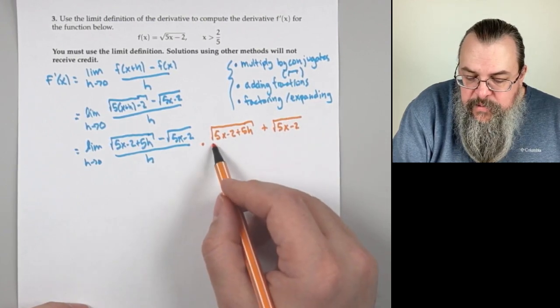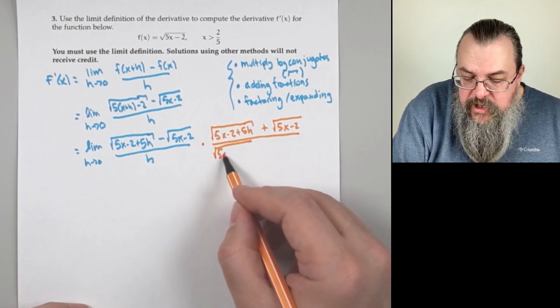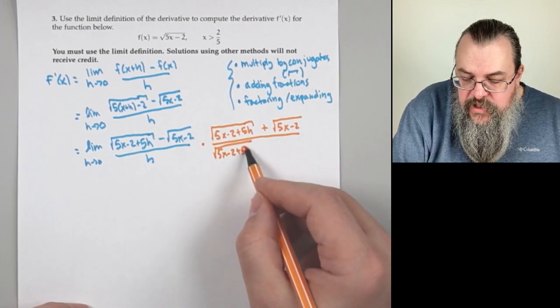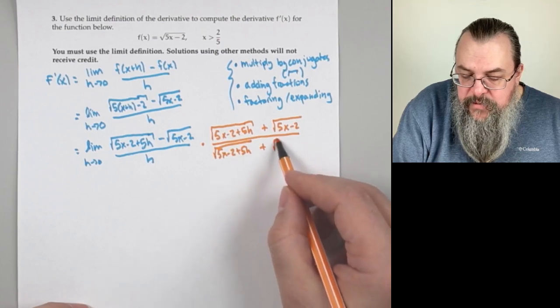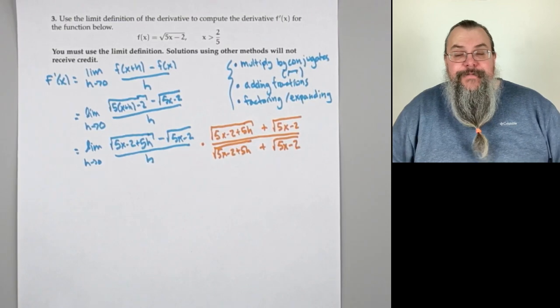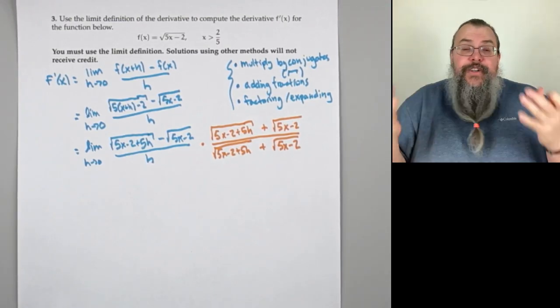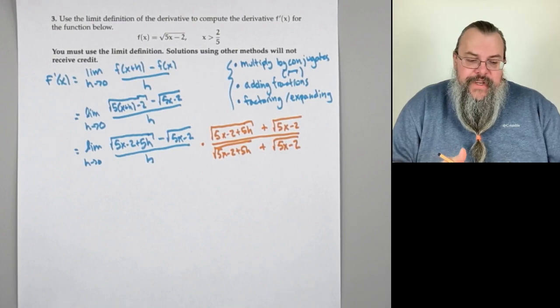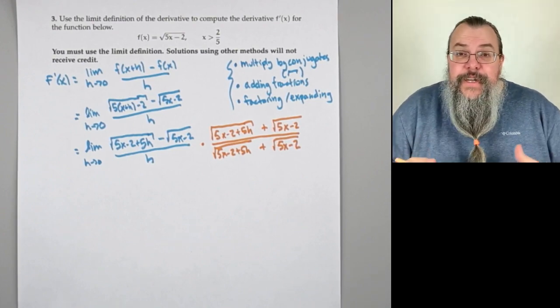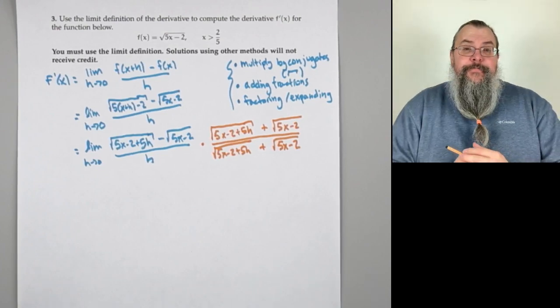If you multiply top and bottom, then you're okay. If you only multiply the top, that changes what you're trying to take the limit of. But if you multiply top and bottom, it's like multiplying by 1. And multiplying by 1 is good because it doesn't change anything. But of course, it's not just any 1, it's a well-chosen one.